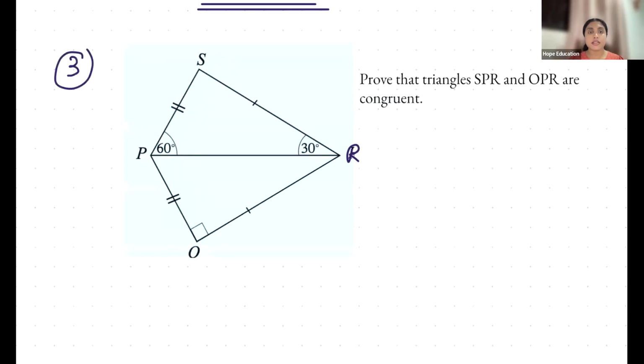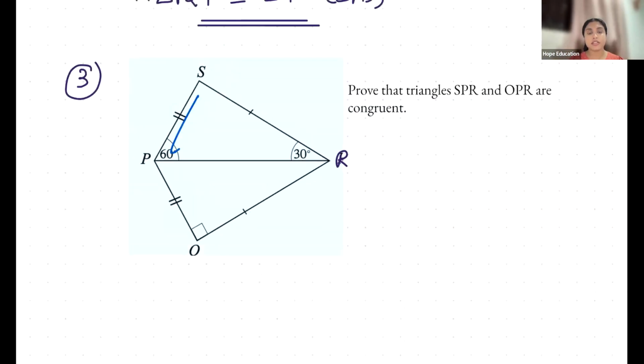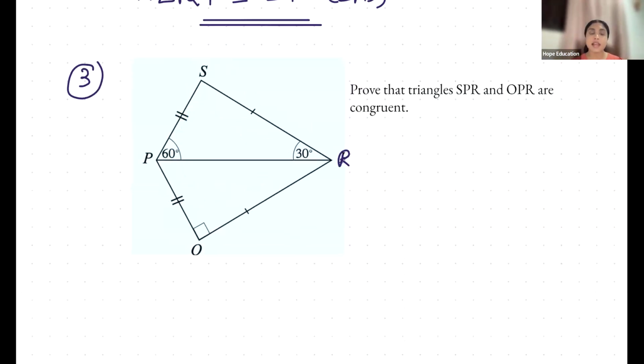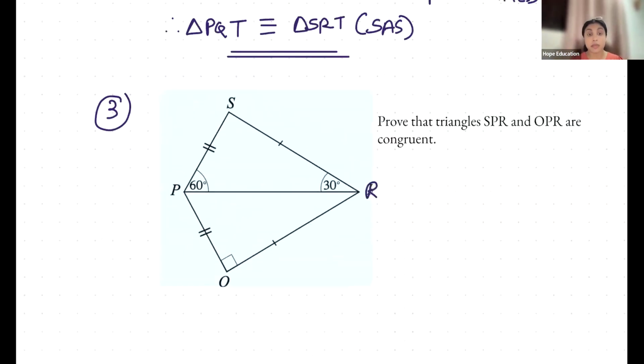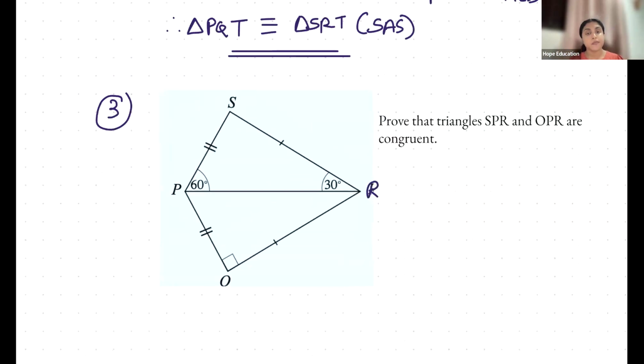So SPR is this triangle, OPR is this triangle. So we have to show that they are congruent. There are many sides which are, no, sorry, many sides which are equal. We have to show now. Look at this now. This side is equal to this side. So we have one side pair.